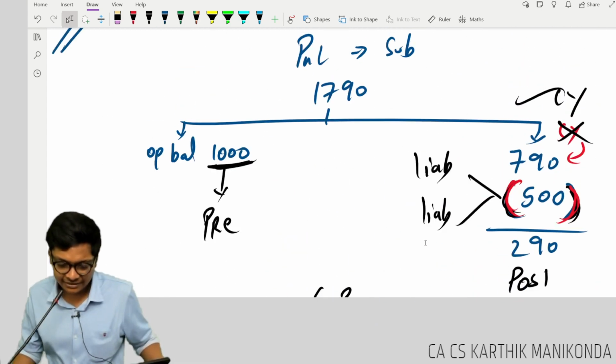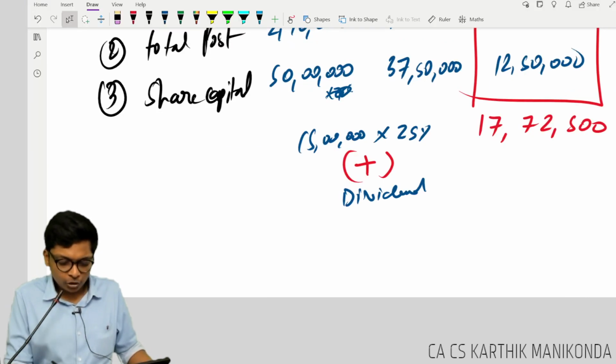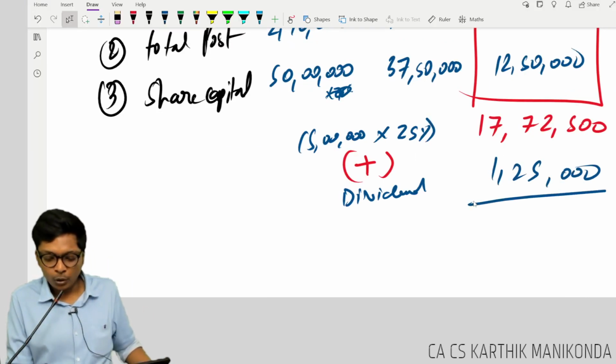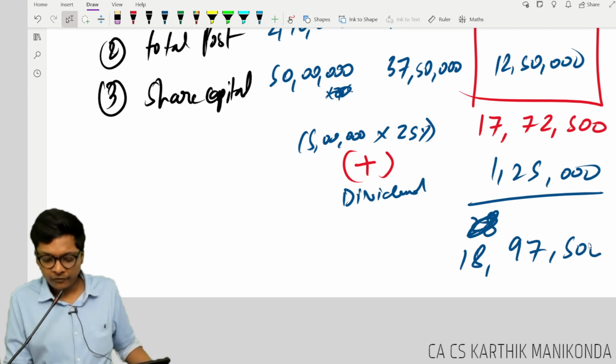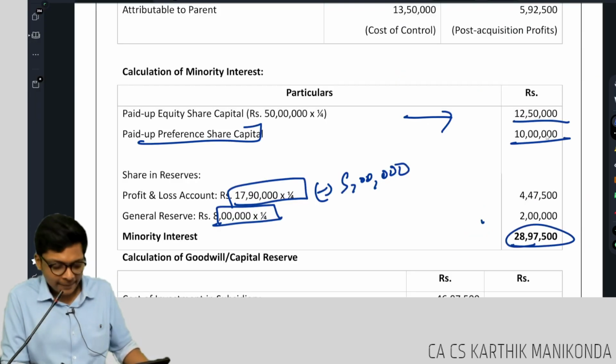Dividend is 5 lakhs or 6 lakhs, sir? 5 lakh into 25%, how much? 1 lakh 25. Now you will get how much? 18 lakhs 97,500. Here also you can see 18 lakh 97,500. Leave preference shares. I am here to teach you that concept.